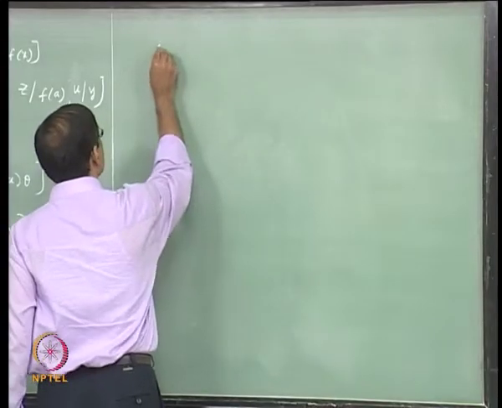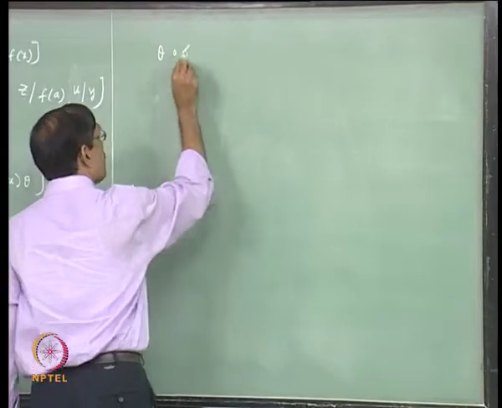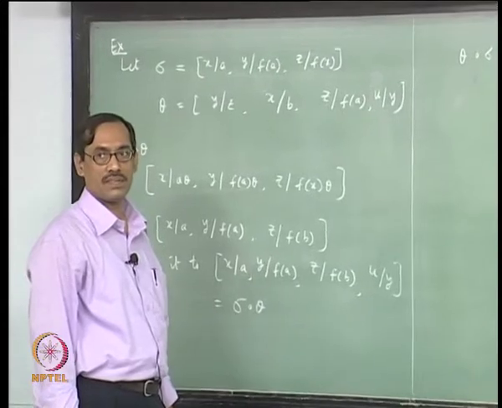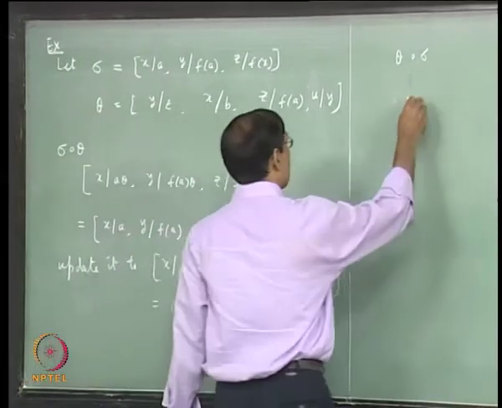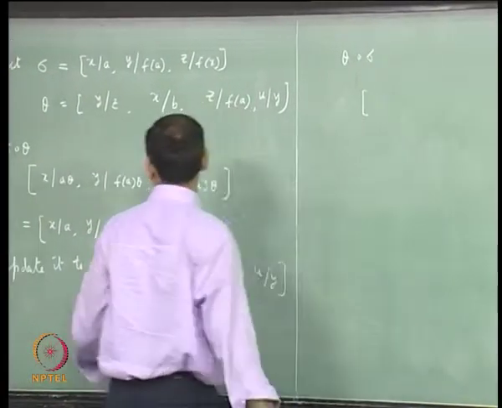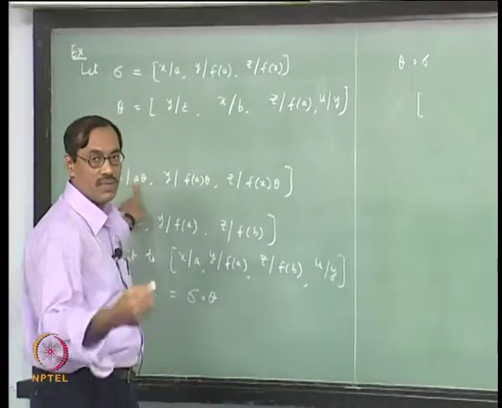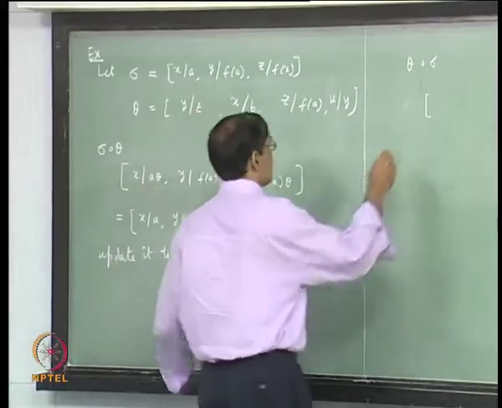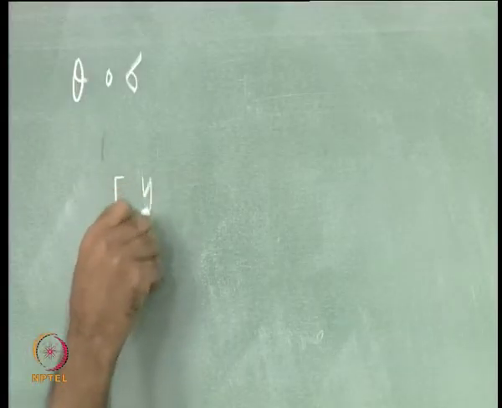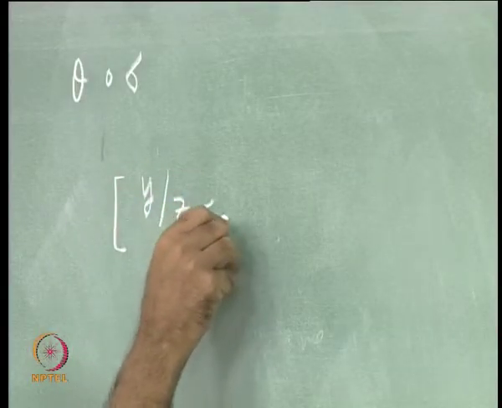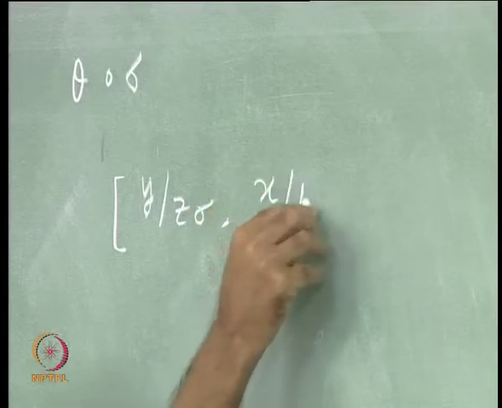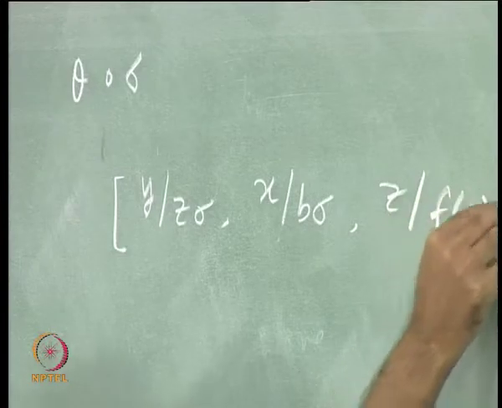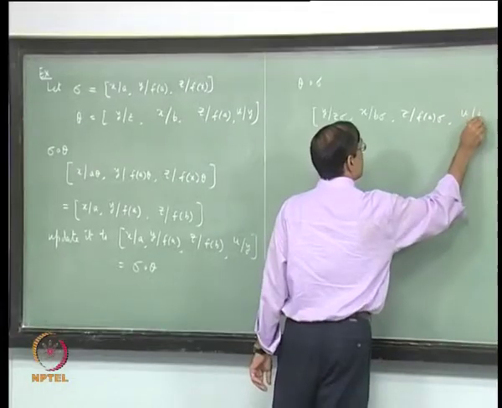What about theta composed with sigma? Let us try to see what it is. So, then I have to consider first theta, denominators will be operated over by sigma. So, that gives theta as y by z sigma, x by b sigma, z by f of a sigma, u by y sigma.